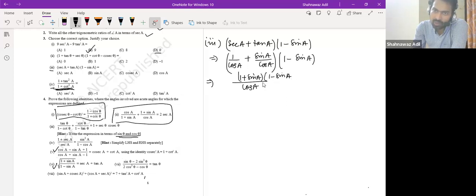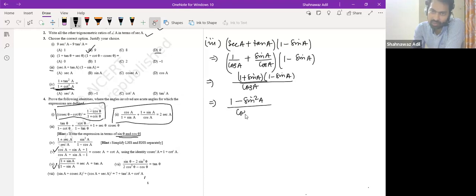So what can we do about these two? Yes, the numerator. Identity, a plus b and a minus b. Yeah, so this is 1 square minus sine square A, divided by cos A. So now what is this value?